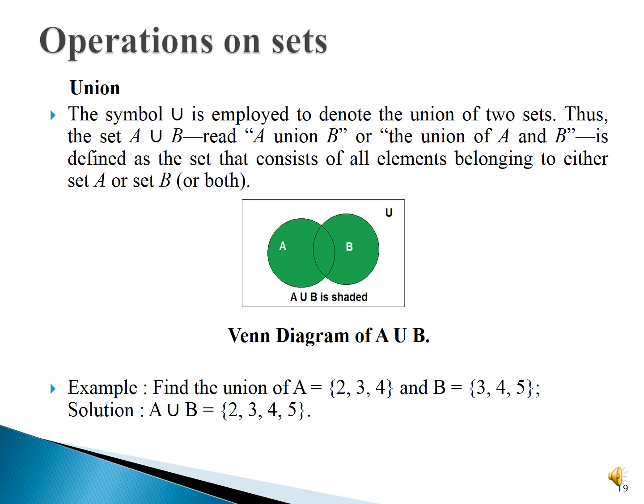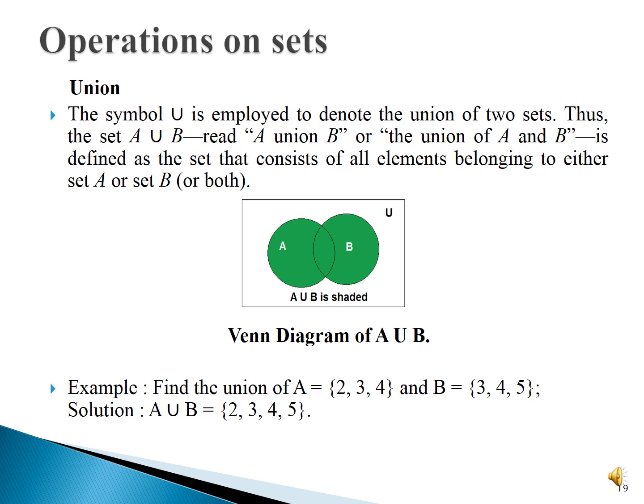We can see one example. We can see the Venn diagram also. First we will see the example. Find the union of A, which contains the elements 2, 3, 4, and B, which contains the elements 3, 4, 5. So A union B will be 2, 3, 4, 5.